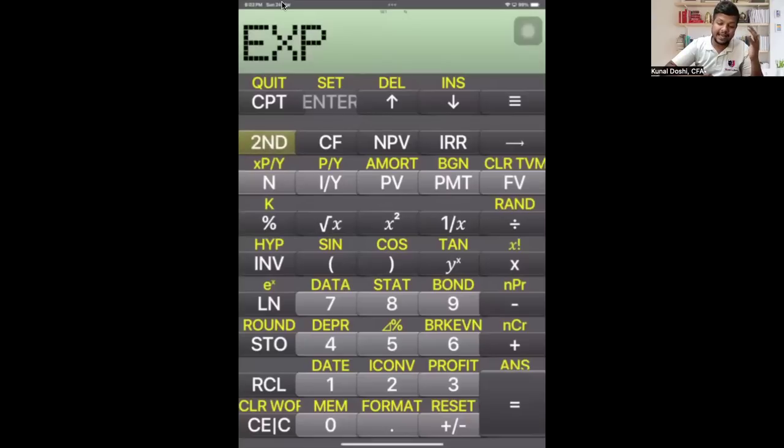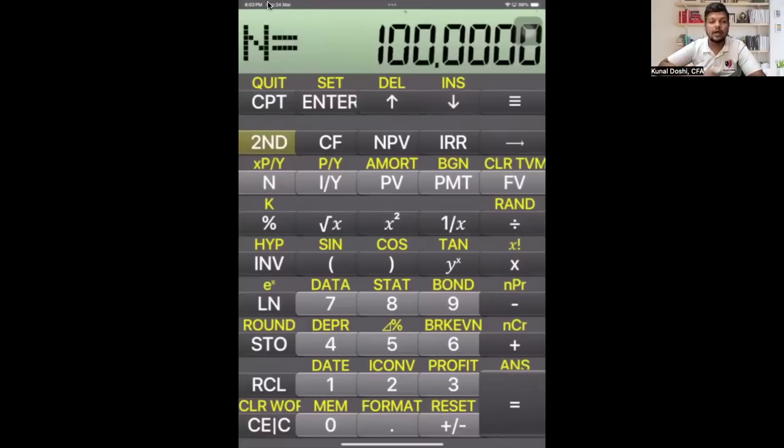So keep pressing second enter until you get 1V. Second is below compute. Then press the down arrow and you should get the answer. Got it?